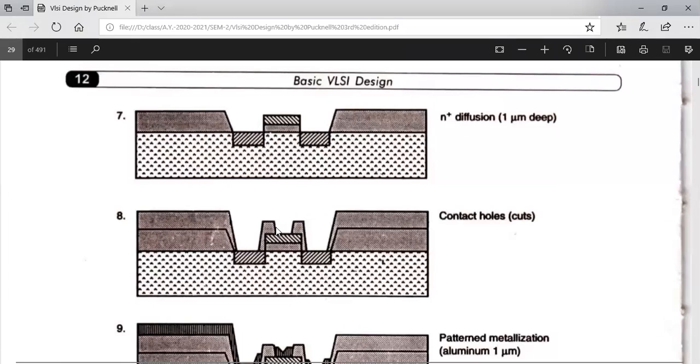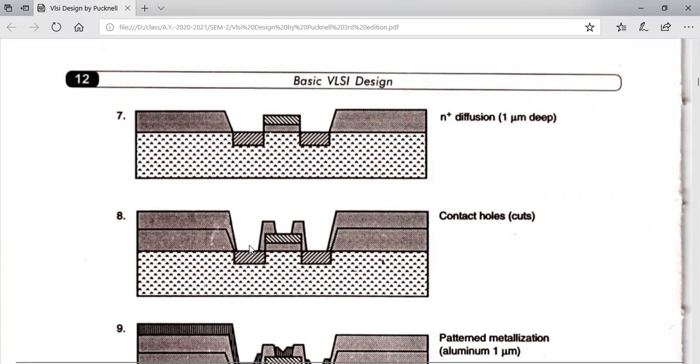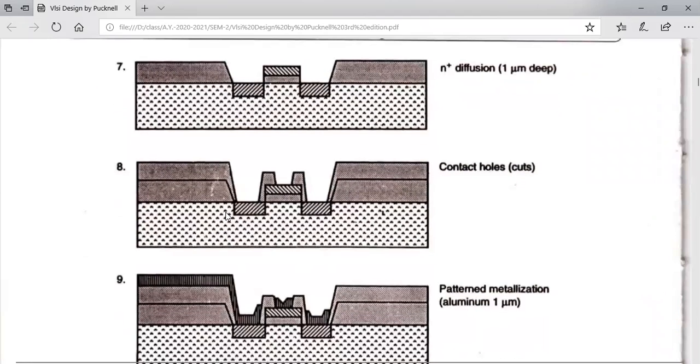We'll be removing some part of the oxide above the source region, drain region, and the gate region. Why is that made? Because it connects the source, drain, and gate materials to the outer world.